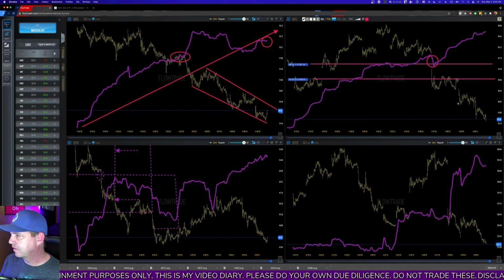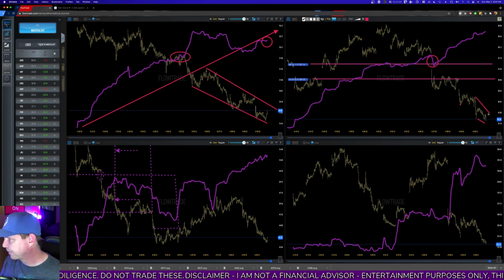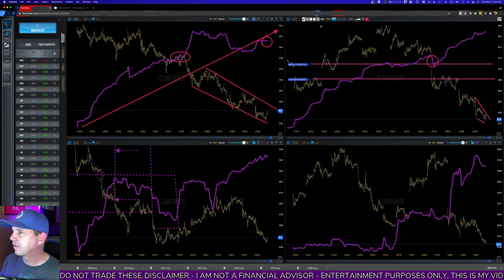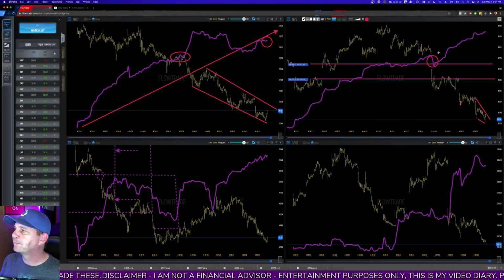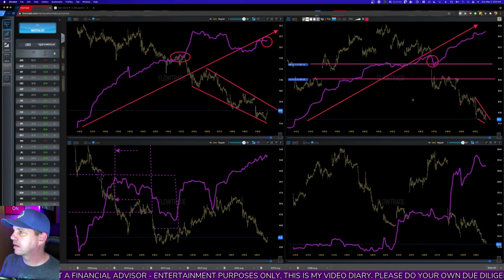We do need this downtrend channel to be broken. So I'd like to see it. Come on. We need that to be broken for the next move upwards. Strong bullish direction. All right, we like that one.